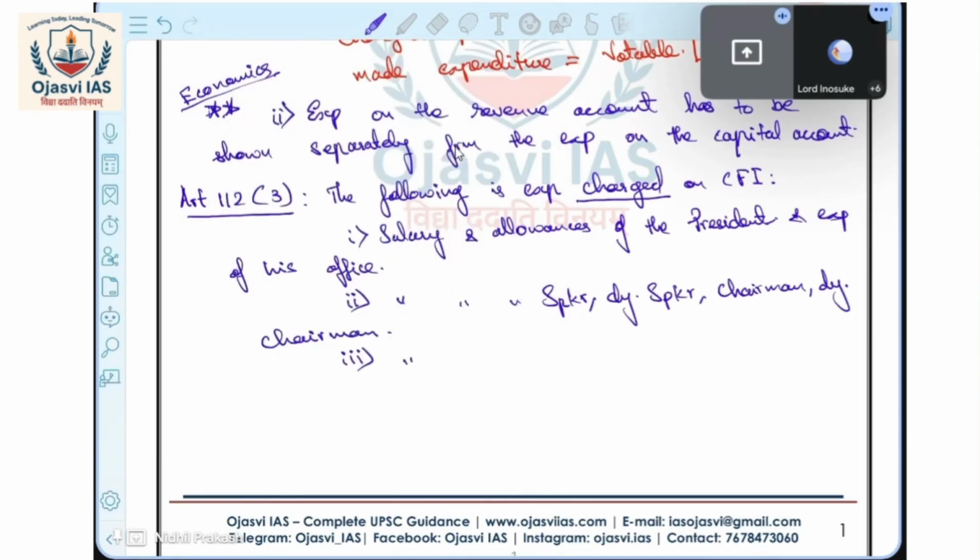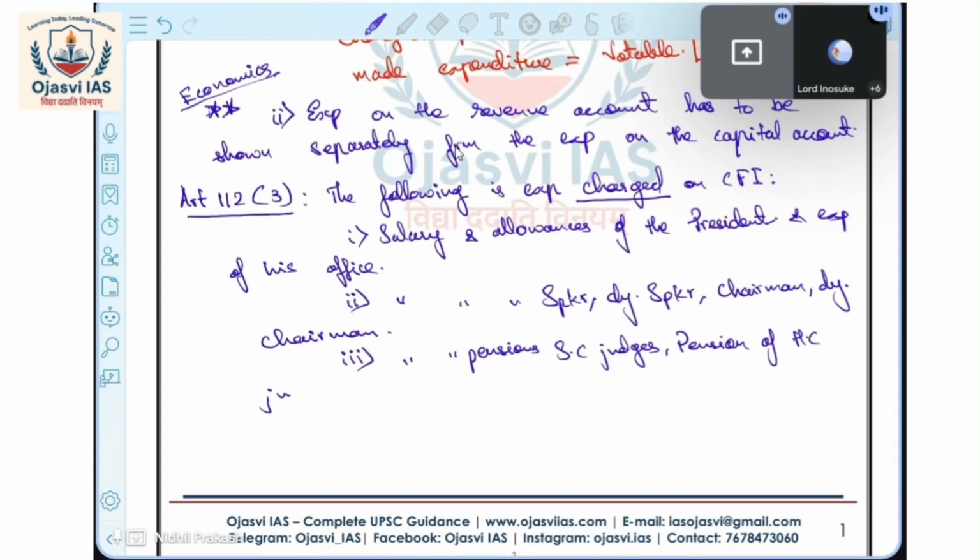Salary, allowances and pensions of Supreme Court judges. Then pension of High Court judges.